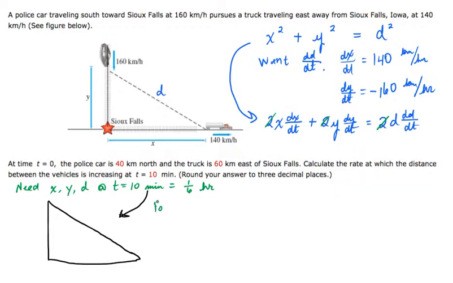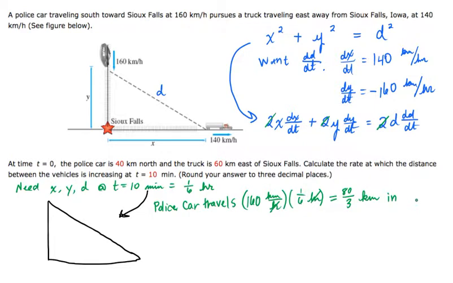The police car travels 160 kilometers per hour times 1/6 of an hour. So we just did this already, that's 80/3 kilometers in the 10 minutes. But y is the distance remaining.